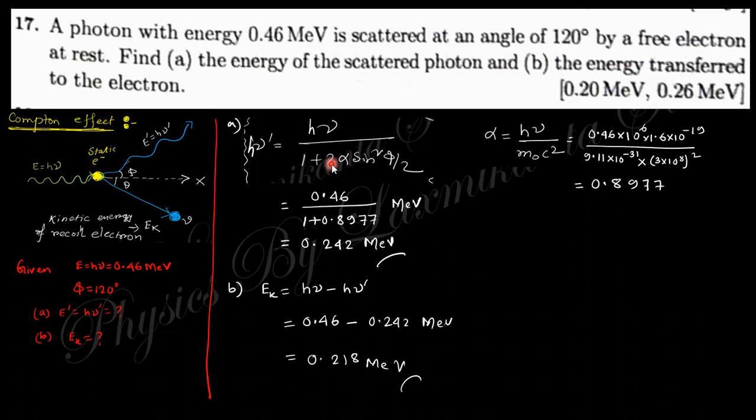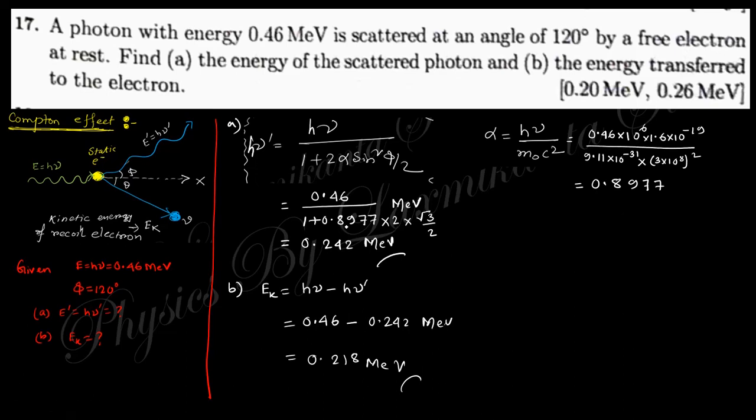So if you put this value in that point, actually there is a missing 2. I think there is a missing of 2, that's why there is a problem. Okay, there is 2 alpha sine square phi by 2, I correct these things, no problem. 2 and sine phi by 2, that is sine 60, root 3 by 2, so you need to multiply this with root 3.